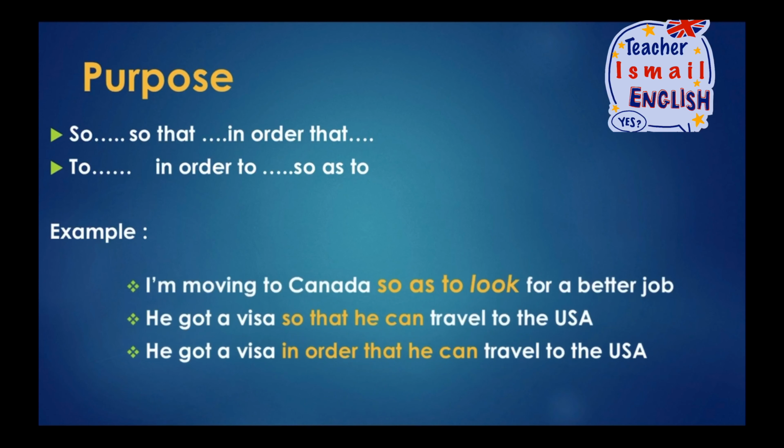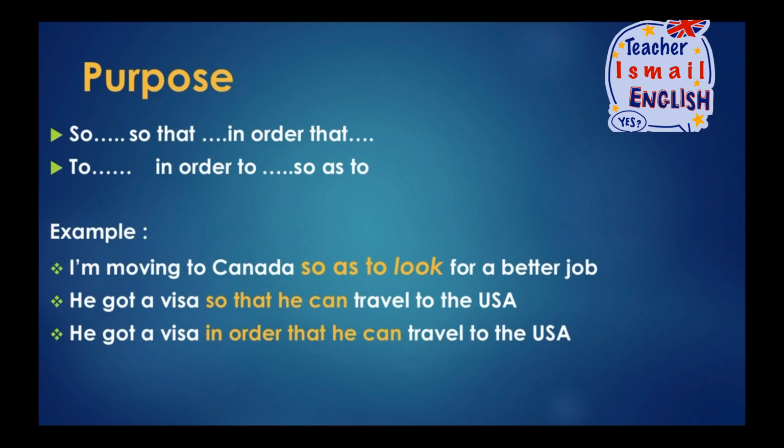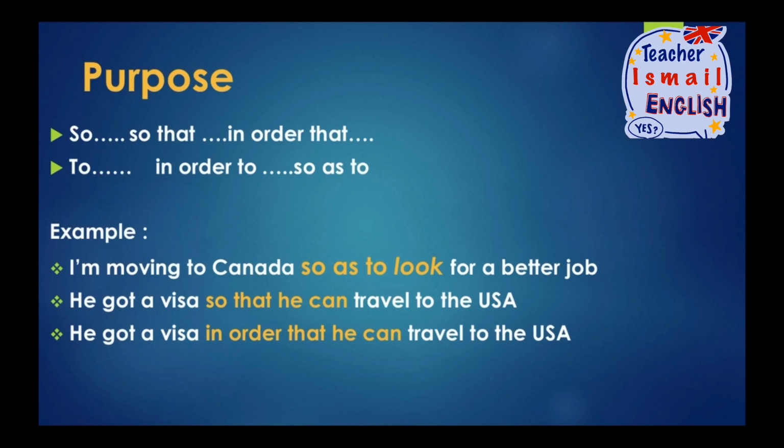For example, here we have: I am moving to Canada so as to look for a better job. Then we have: he got a visa so that he can travel to USA. You can say he got a visa in order that he can travel to USA.